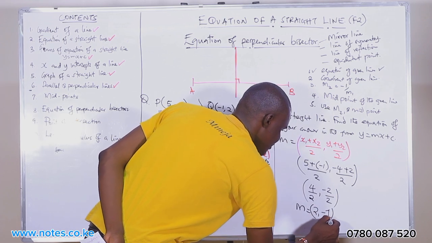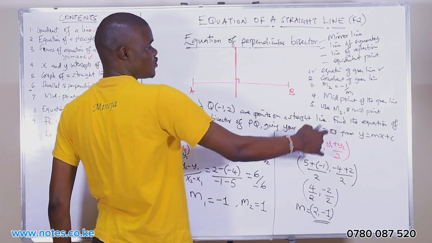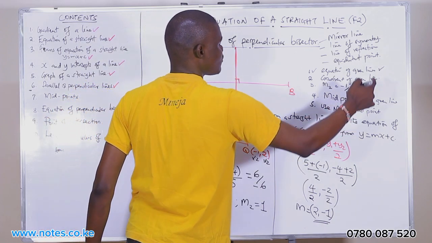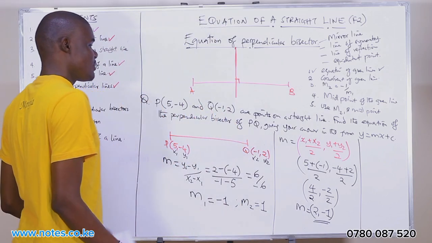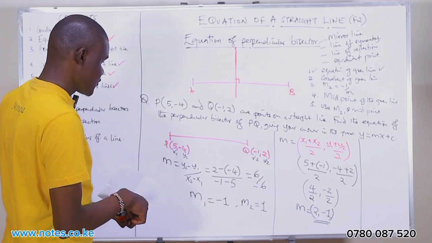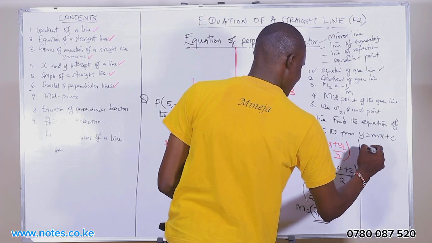So why this is important is that we use this and this. We are going to use M2 and the midpoint to find the equation of the perpendicular bisector. So as usual, we say y equals mx plus c.